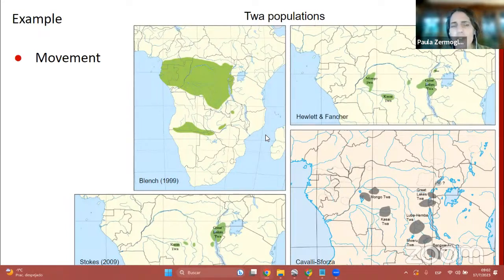But again, if we had a locality description that said the Twa settlement, for example, it would probably be difficult for us to determine where that was. That's when it becomes so important that the locality descriptions are accurate, precise, and in the context that they are described.